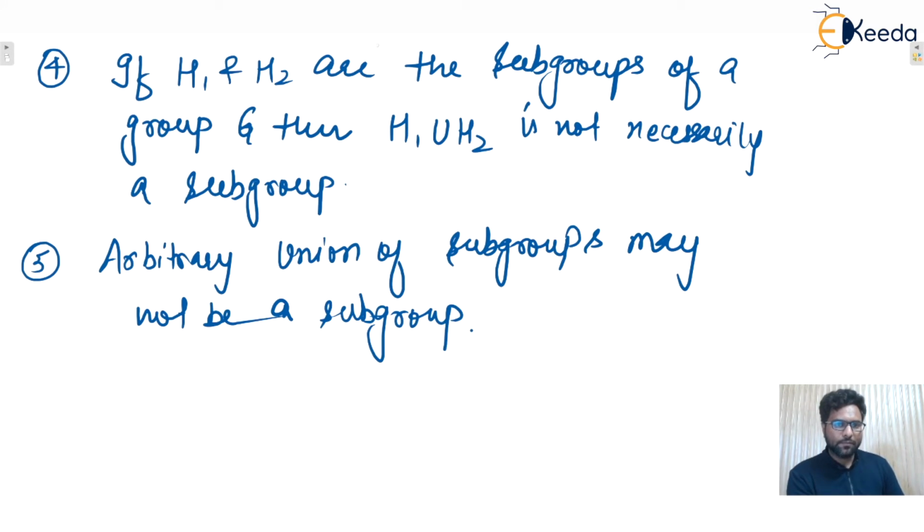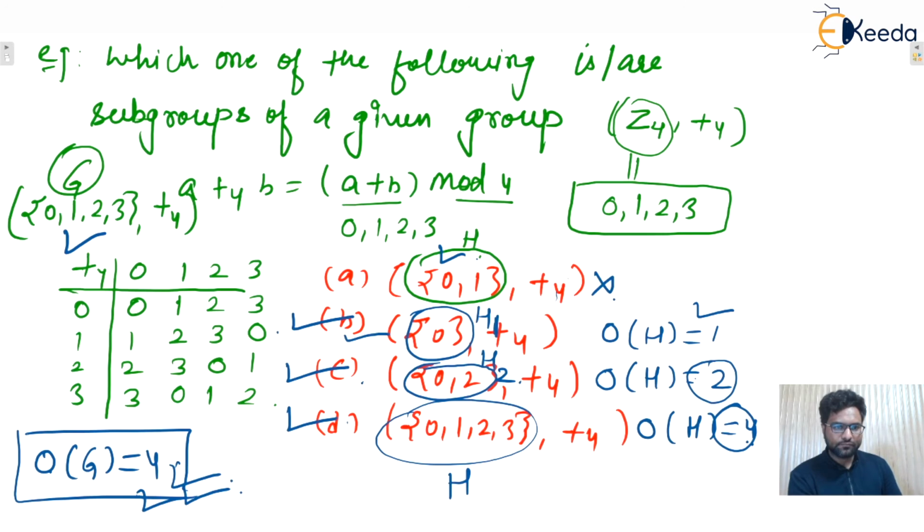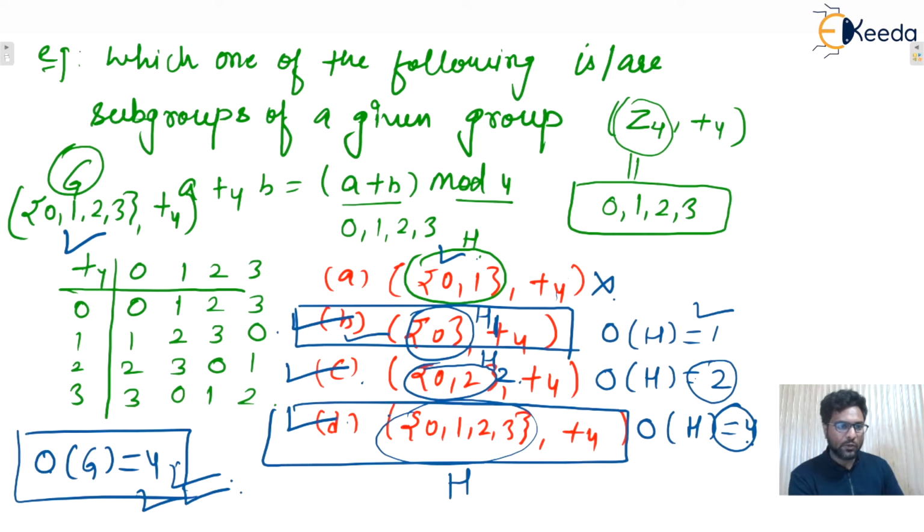Okay. Next one, in the previous slide, try to observe option B and option D. Option B is a subgroup having only the identity element. And in option D, all elements of the given group are present. That means the same group is also a subgroup of the same group.